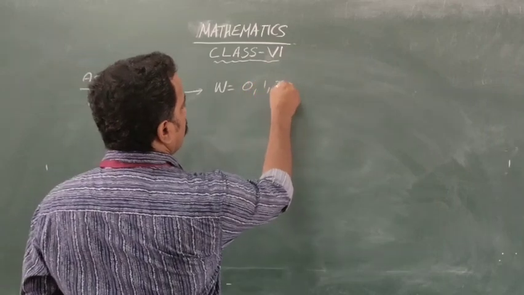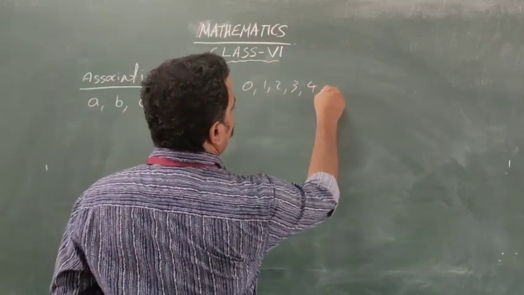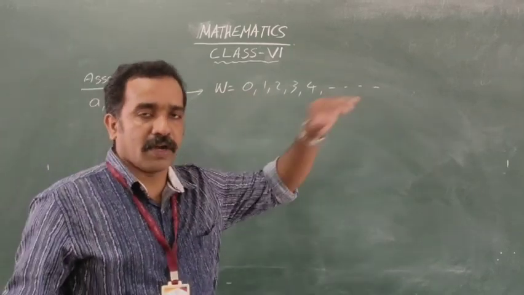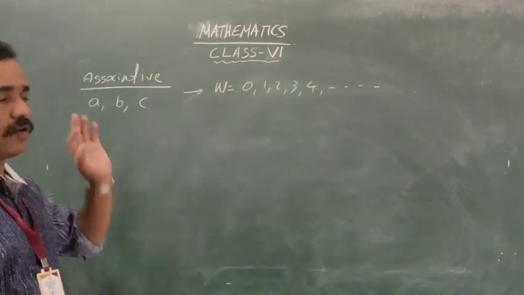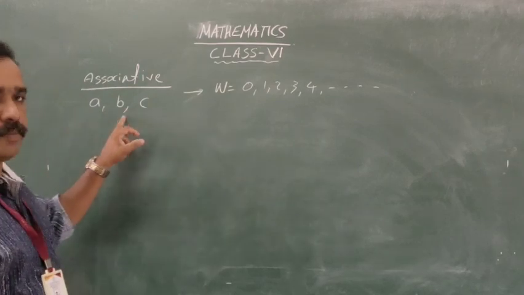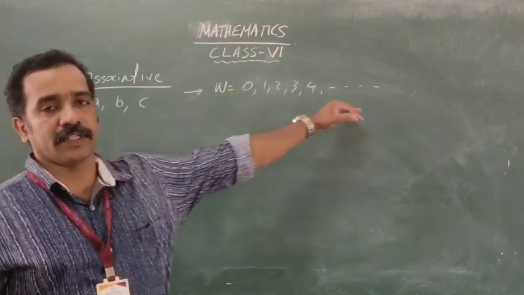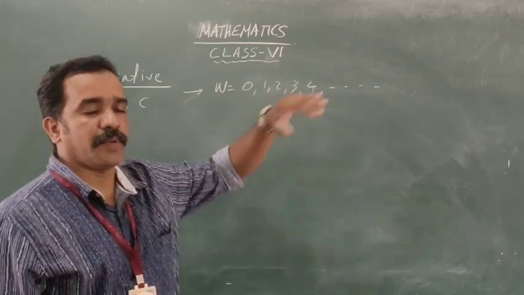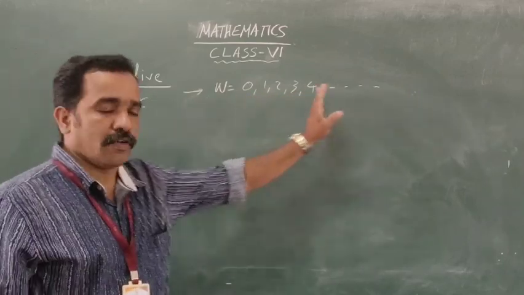You know what the set of whole numbers is: 0, 1, 2, 3, 4, etc. Out of these whole numbers, if you take any three, they can be A, B and C. A can be any of these numbers, B can be any of these, C also can be any of these whole numbers.